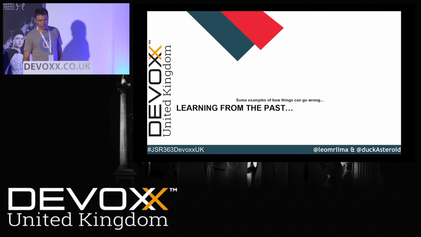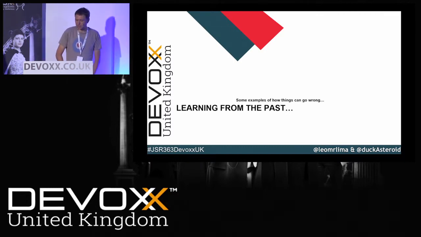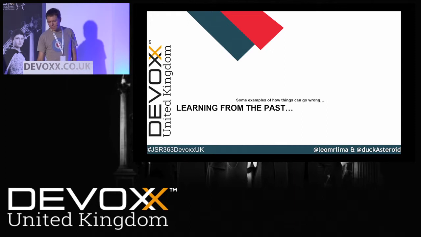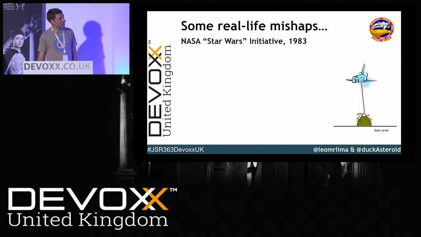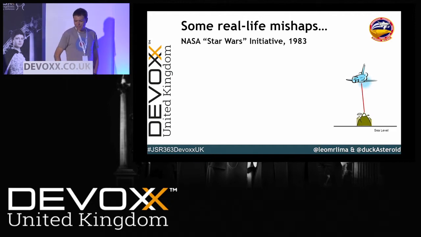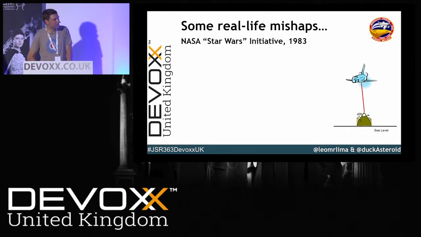So, learning from the past to try and help us avoid some of the mistakes, I thought I'd give you some examples of what can go wrong in the world of units. If we start with the Star Wars initiative in 1983, if anybody remembers that, Ronald Reagan came up with this idea of having lasers in space to shoot down Russian missiles.